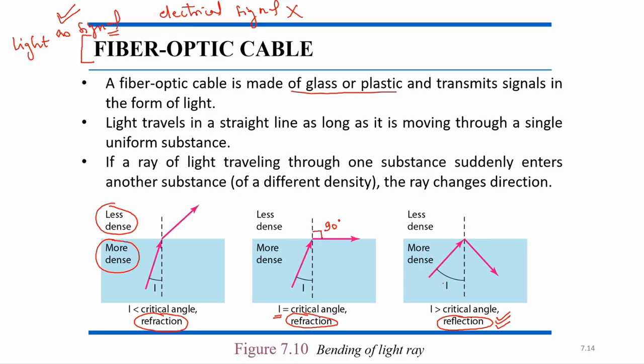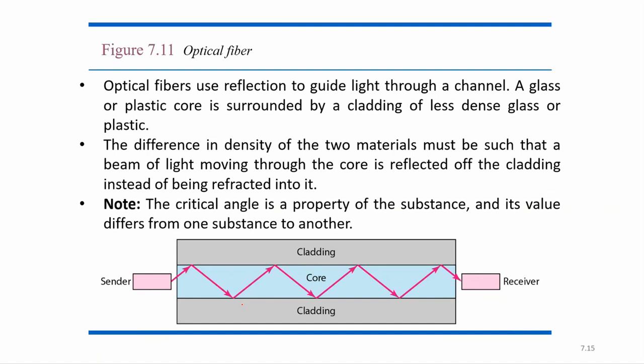The signals sent have an incident angle greater than the critical angle, so that instead of going out into the second medium, the light is reflected back into the same medium. This total internal reflection criterion is used in the transmission of light as a signal in optical fiber cables. In optical fiber cables, there will be a sender and a receiver.